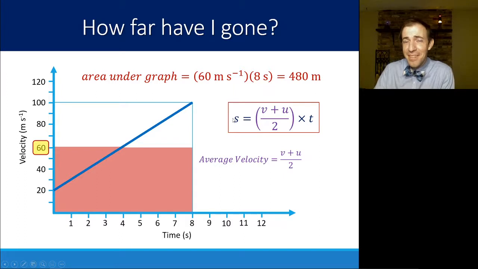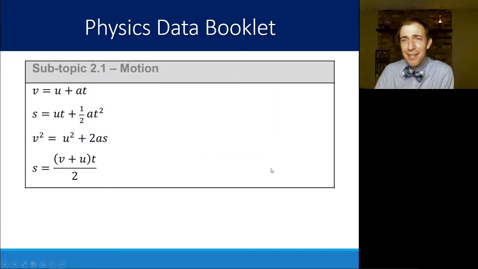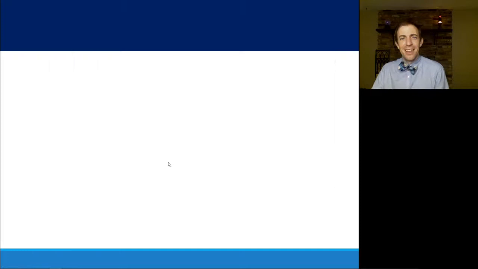So generically, I can say S, the displacement, is equal to this average velocity, v plus u over 2, times the time. I can rearrange this slightly to form our second kinematic equation that we're going to be dealing with today. It's this one right here. So all that's happened is we just multiplied that t in and put it on the top part of that fraction. So this is equation number 2.